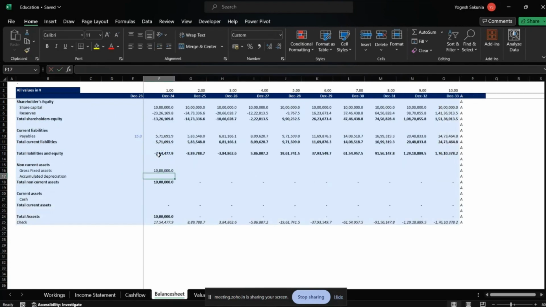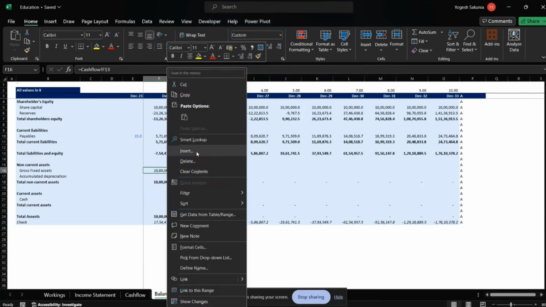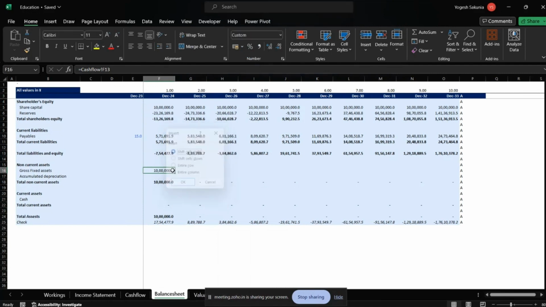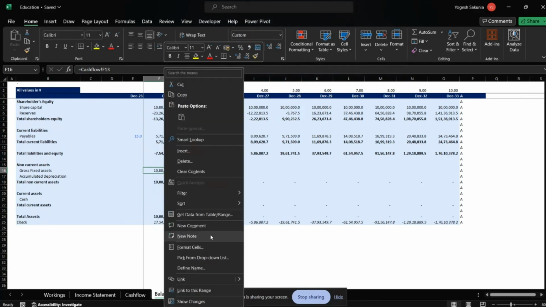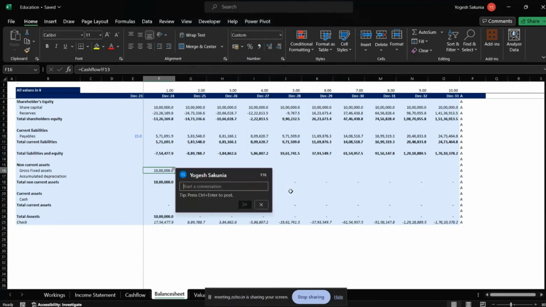Whatever money was there has been put here. Now this is one inconsistency that we will have in this model. So I will just right click on that, insert a comment, and say inconsistent formula.